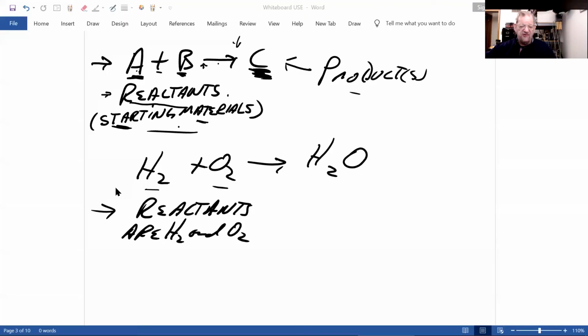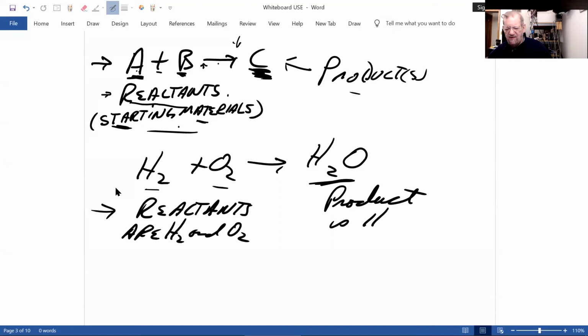Now, the other question is, what's the product? And the product is always on the right, and the product of this reaction is water. So, reactants, always on the left of a chemical equation, products on the right.